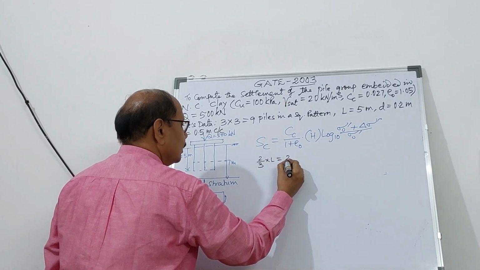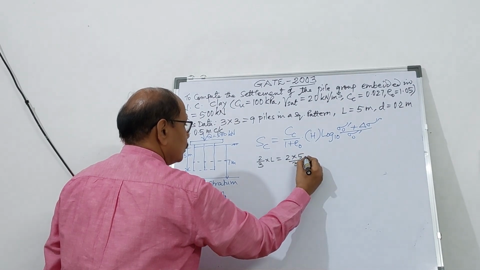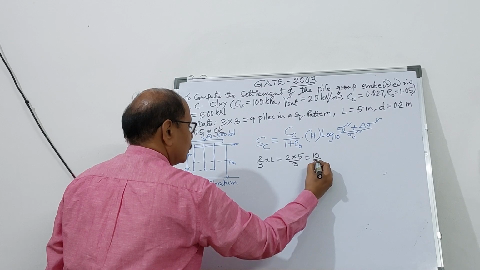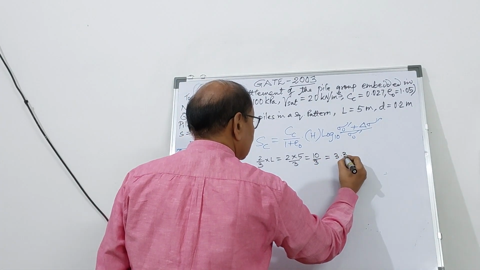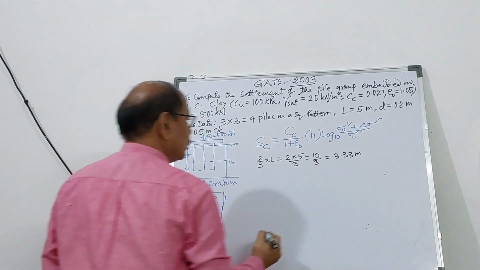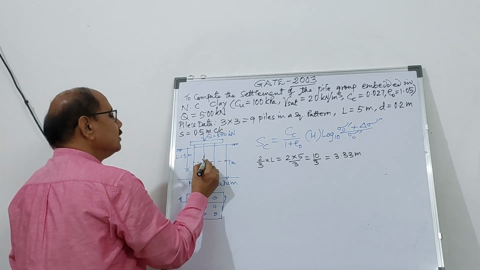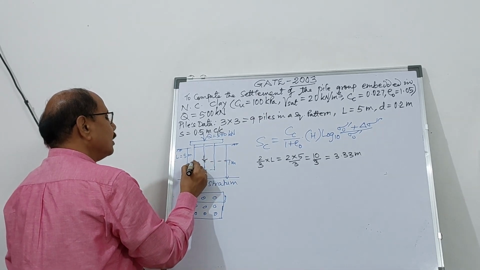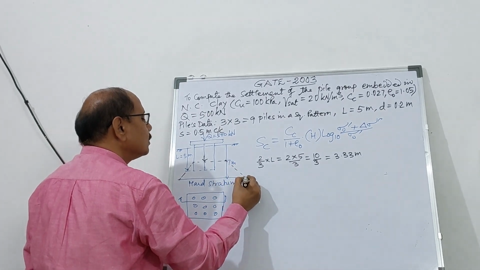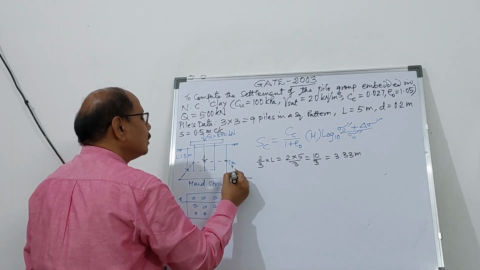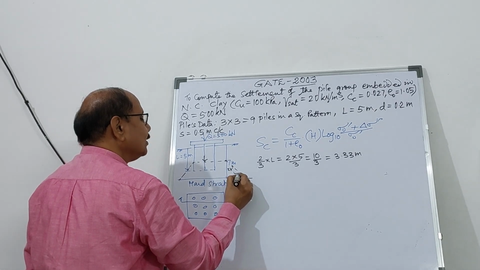So load will be transferred here. This is the imaginary footing, and load is going to spread like this, 2 vertical, 1 horizontal.